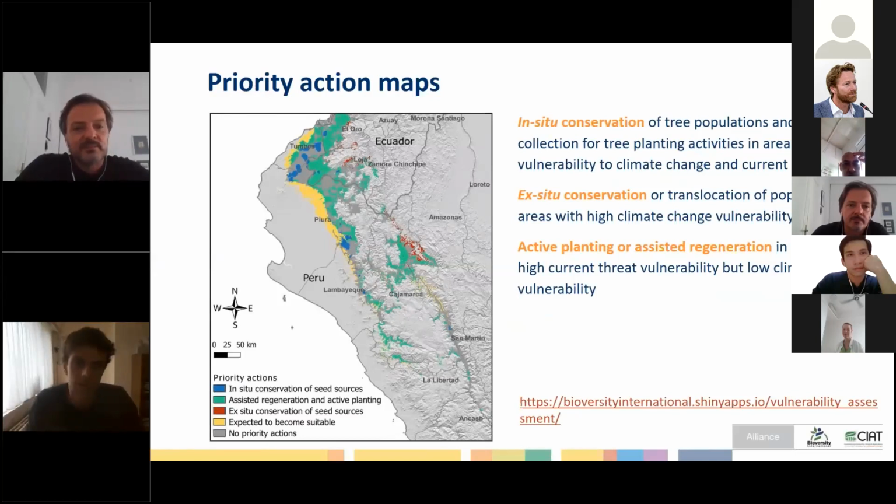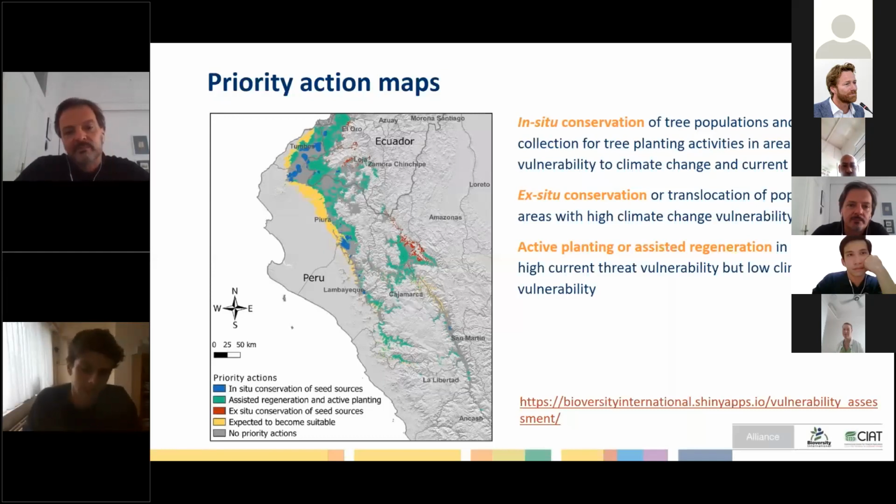species to do in situ conservation of seed sources in areas with low vulnerability to climate change and also low vulnerability to current threats. This to ensure the genetic quality of the seed sources. Then we recommend ex situ conservation in areas that have high climate change vulnerability. And we recommend active planting or assisted regeneration in areas that are under high vulnerability to current threats, but low vulnerability to climate change.